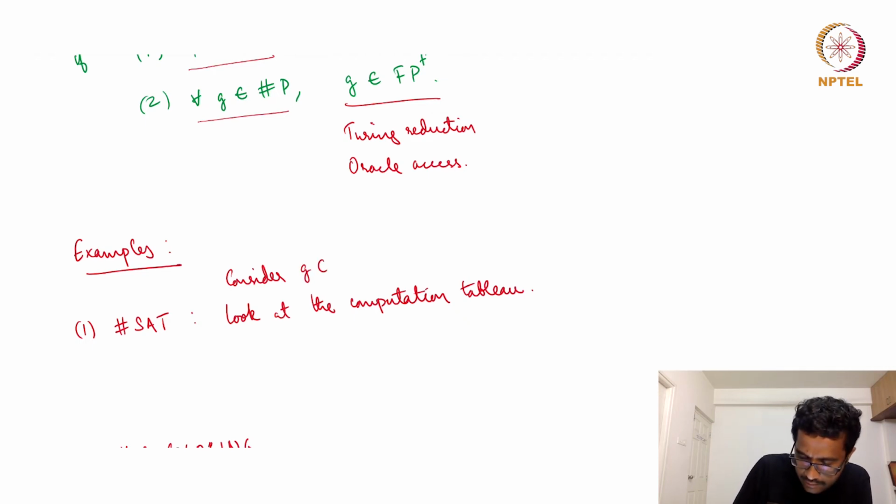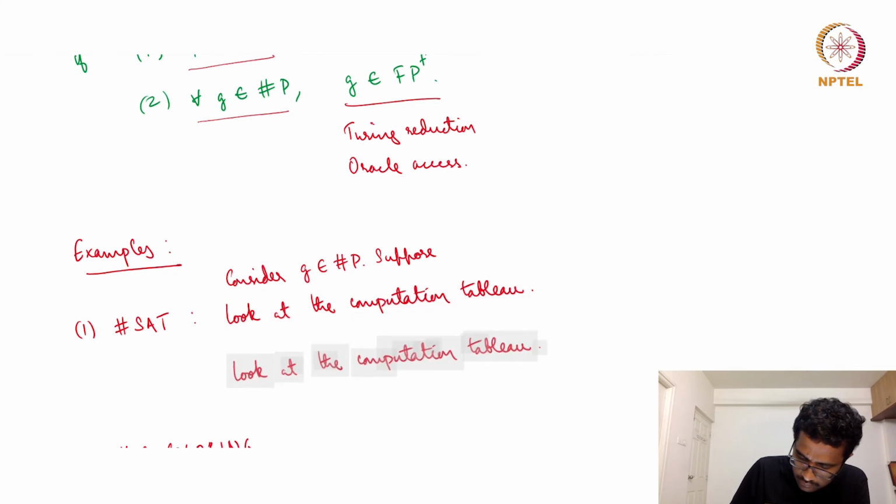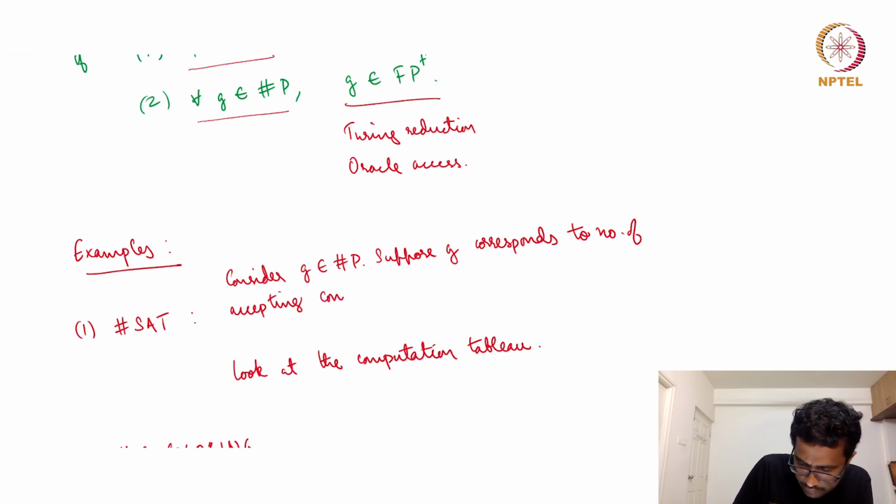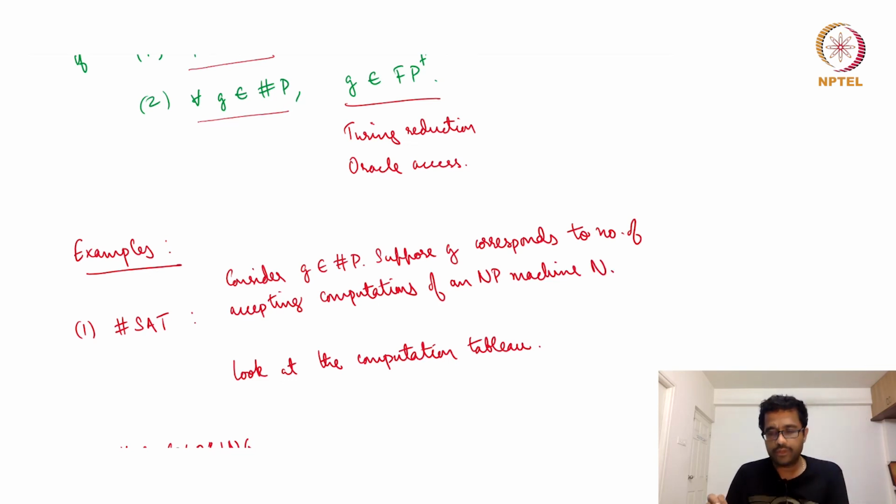So consider G in Sharp. Suppose G corresponds to the number of accepting computations of an NP machine N.